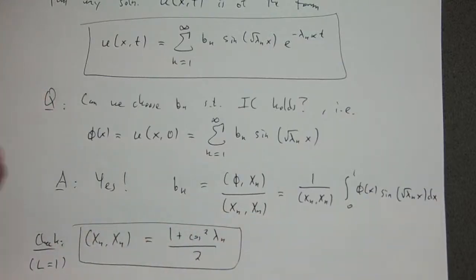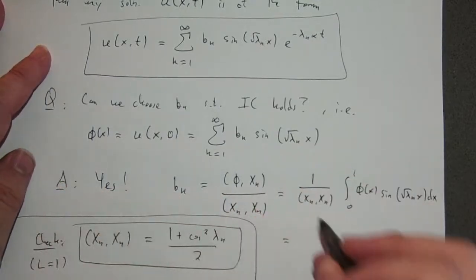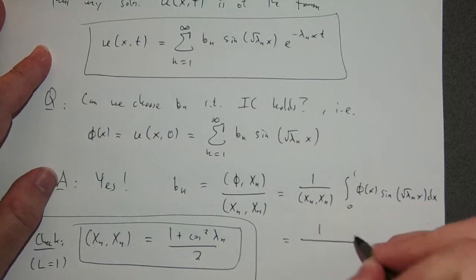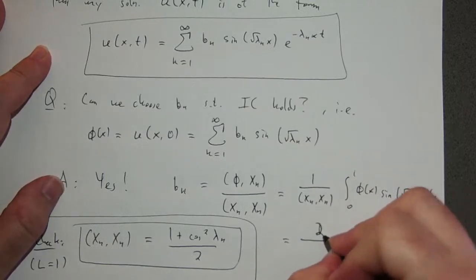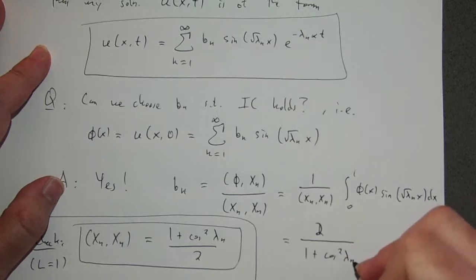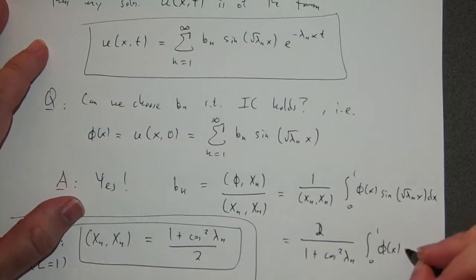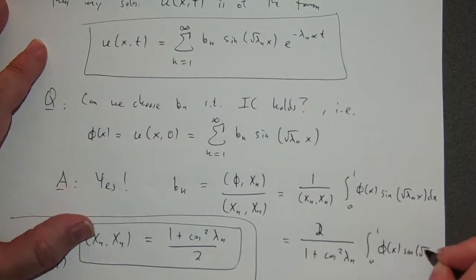And so what we get here for b sub n is 2 over 1 plus cosine squared lambda n times the integral from 0 to 1 of phi of x sine of square root of lambda n x dx.